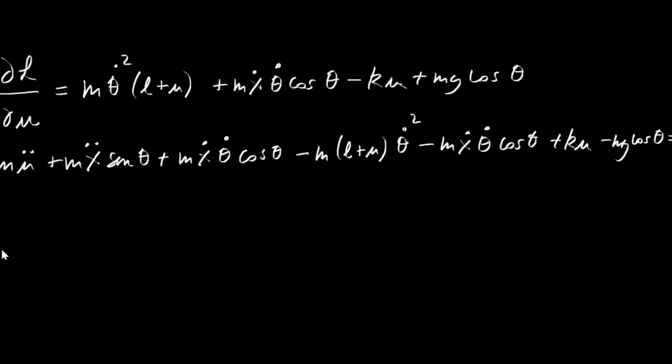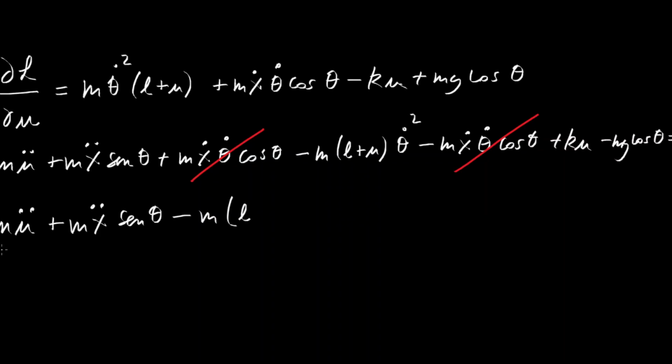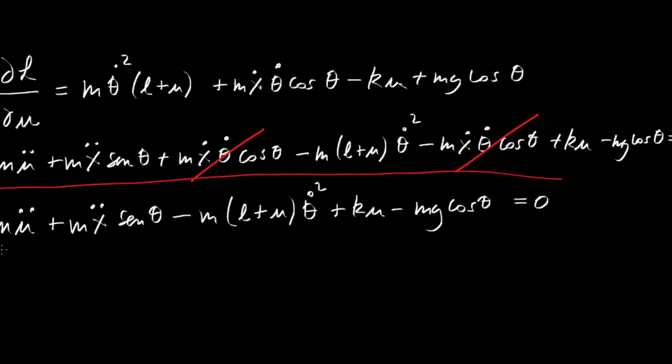Two terms here cancel out. We can note that this one cancels with this other one, and finally our third and final equation of motion is written as follows: there it is. Perfect. Another rectangle here.